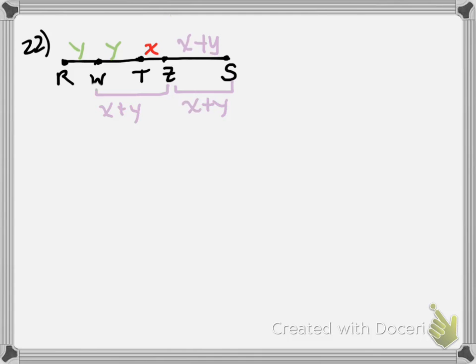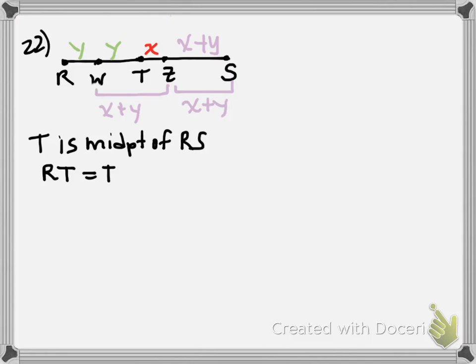Okay? All right, so now we can go ahead and get some ideas down. So if we go back to the original statement that T is the midpoint of segment RS, that would tell us the length of RT would be equal to the length of TS.